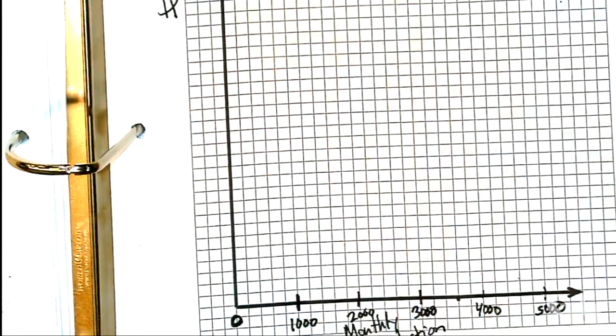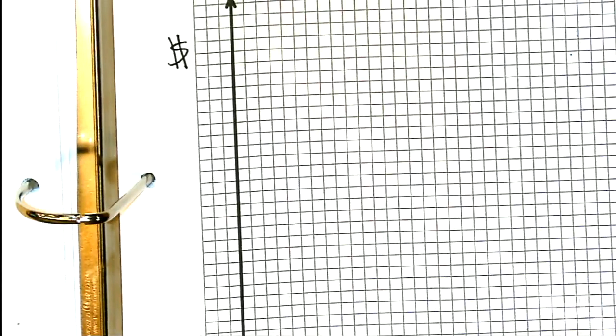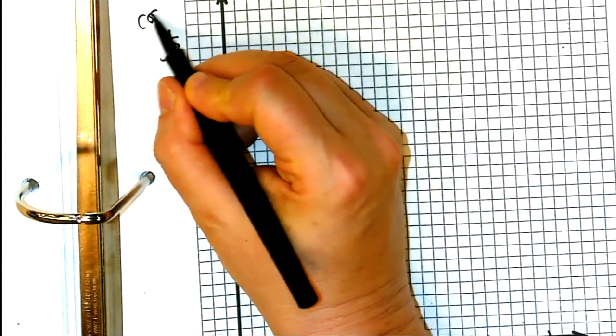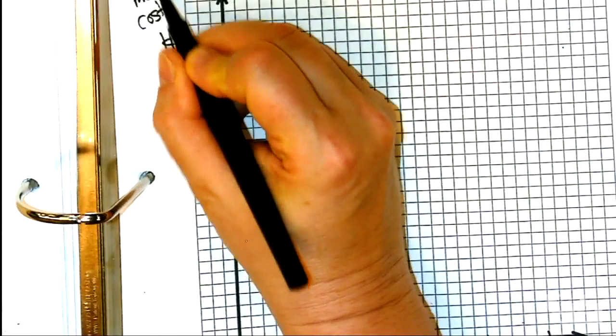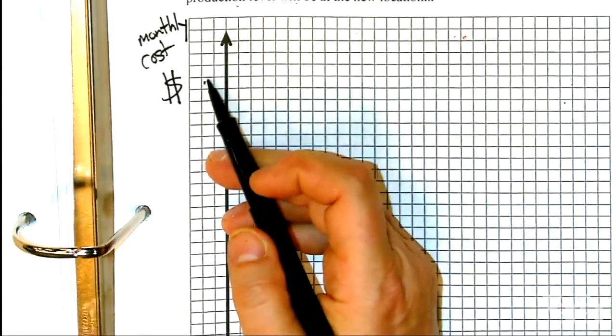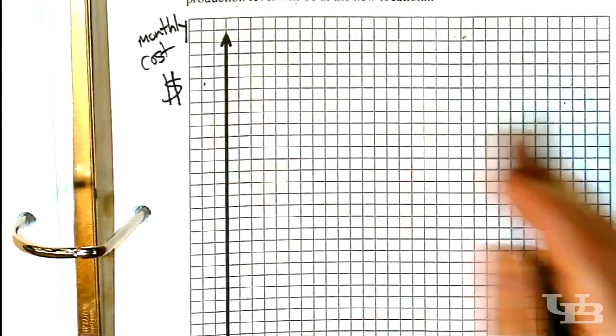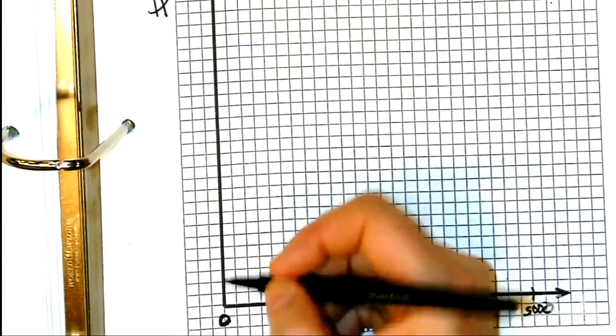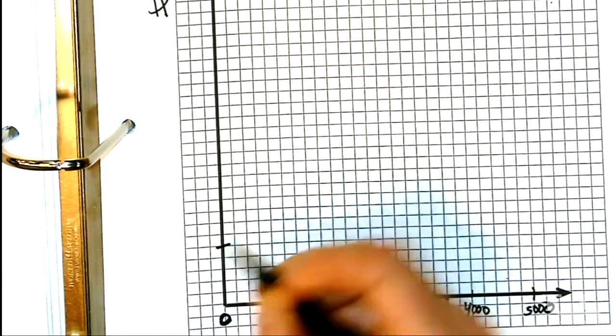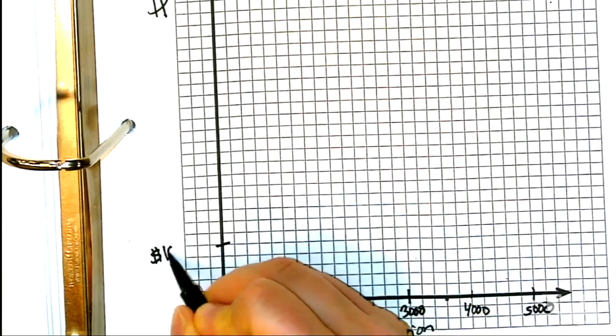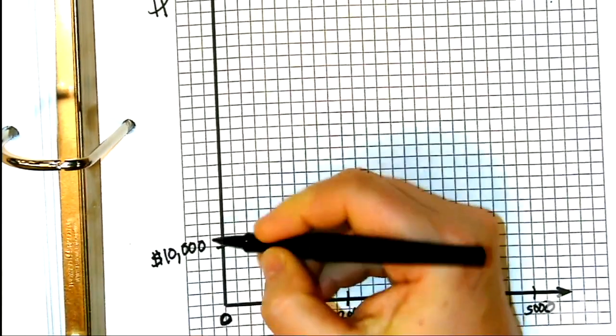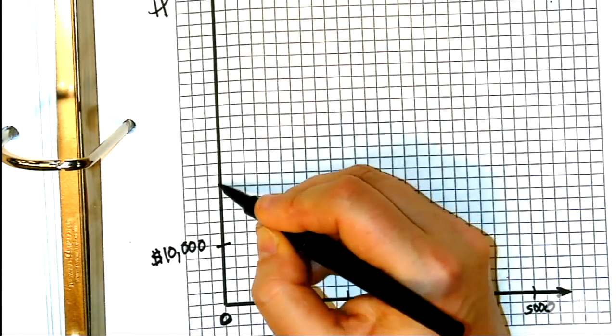And this is an economic argument. So what is the vertical axis? This is cost. Because this is what we're basing our decision on. Now, a good scale here, what I have in my notes is, again, count every 5 grid squares, but make it increments of 10,000 for monthly cost.